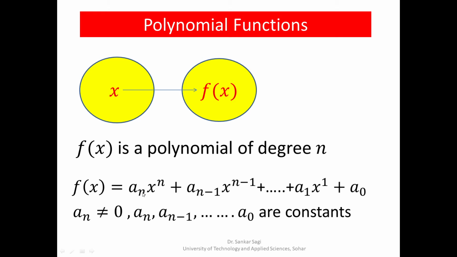So for it to be a polynomial of degree n, we need the condition that the coefficient of x^n should not be 0, and the others a_0, a_1, and so on are all constants. If f(x) is of this form, a polynomial of degree n, then it is called a polynomial function. So the image is a polynomial of degree n, then it is called a polynomial function.